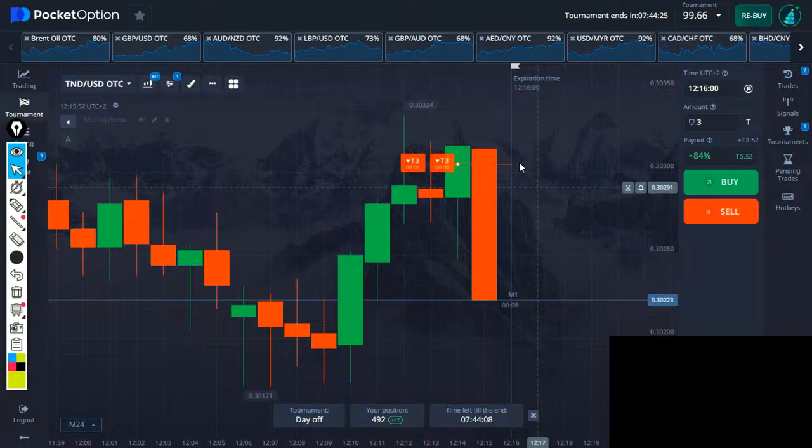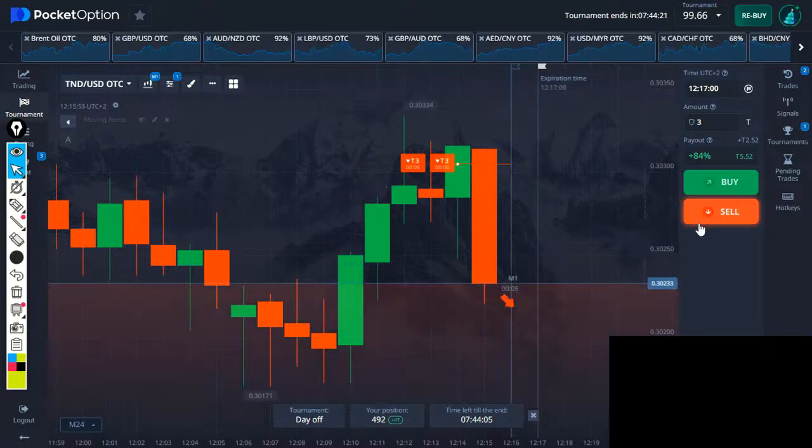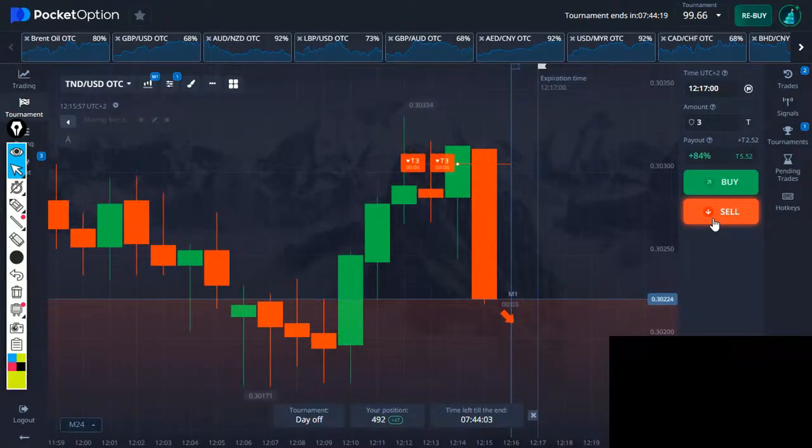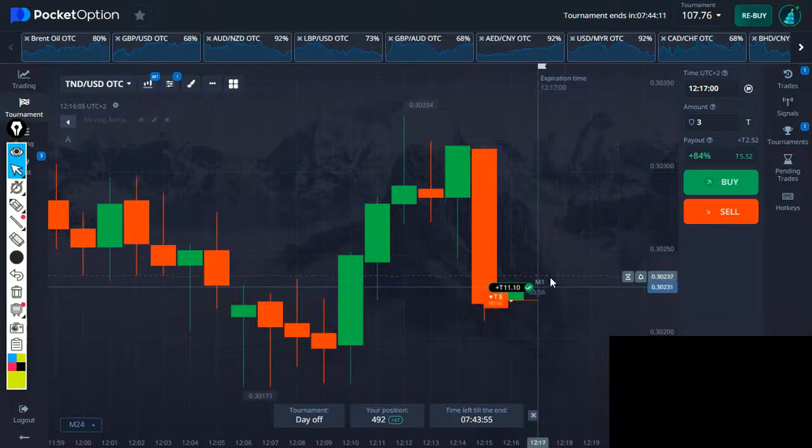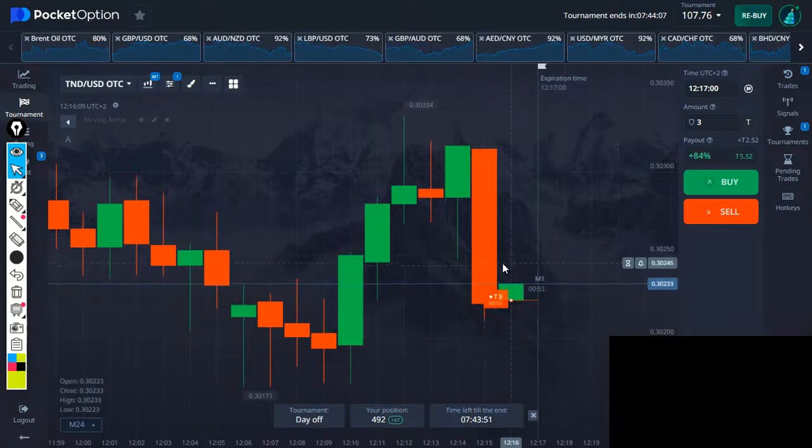It's an engulfing Marubozu bearish candle. I'll take a sell here. The higher it goes, the better. I'll take two or three more on it. Two more.